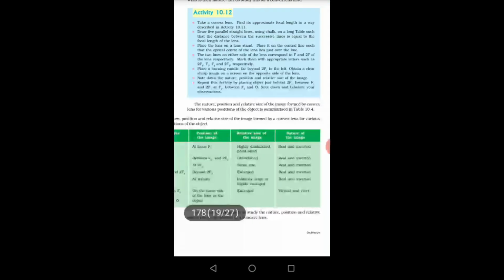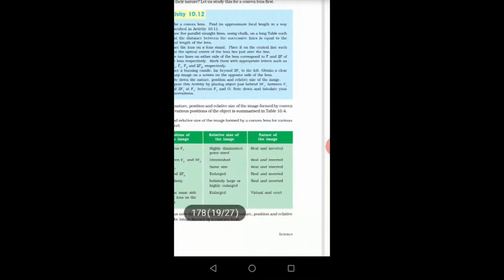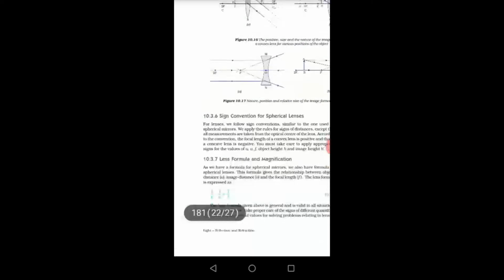Number 2, highly enlarged. Number 3, real and inverted. And see the figure E, and page number, I think, 181, figure number 10.16 E.